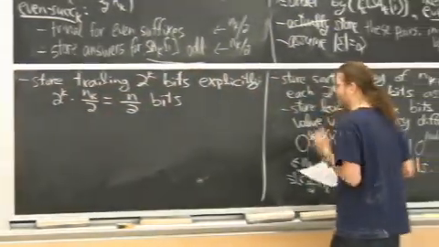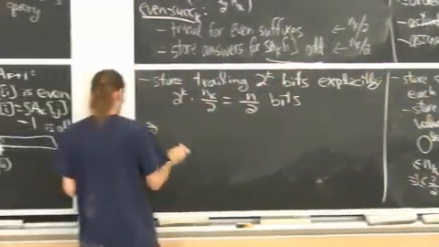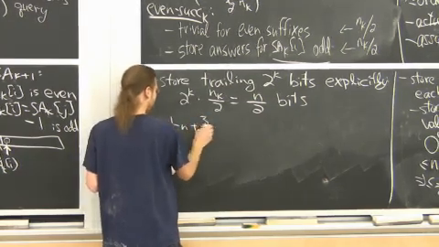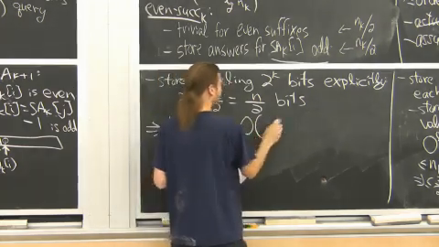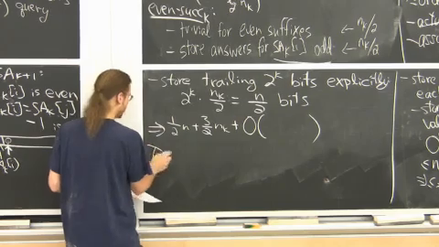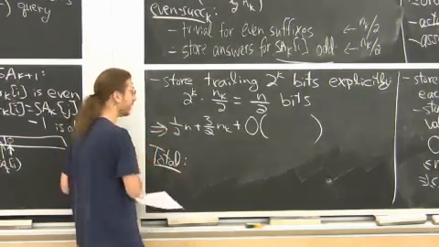Okay. So total number of bits, we add these up, is going to be half n plus 3 halves nk plus, we'll get to this later. And then this we have to do for log n levels.